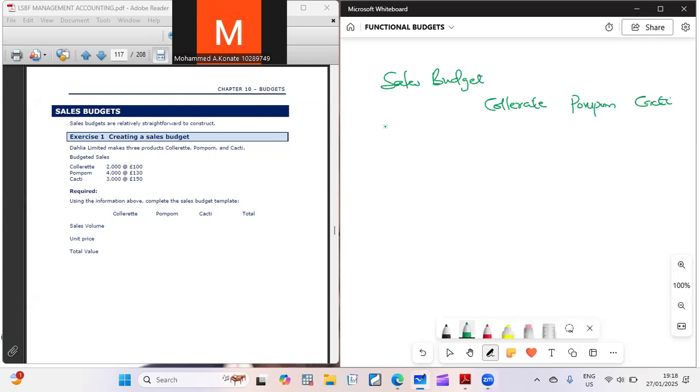So we needed the units, right? Sales units. You give me the final figures that you have. This is 4,000. Then this is 3,000. 3,000. And the selling price per unit are also attached, right? So 100, 130, and 150. So what did you get for your sales budget?